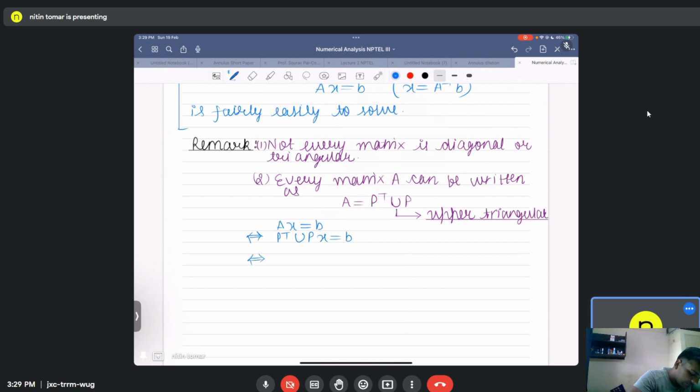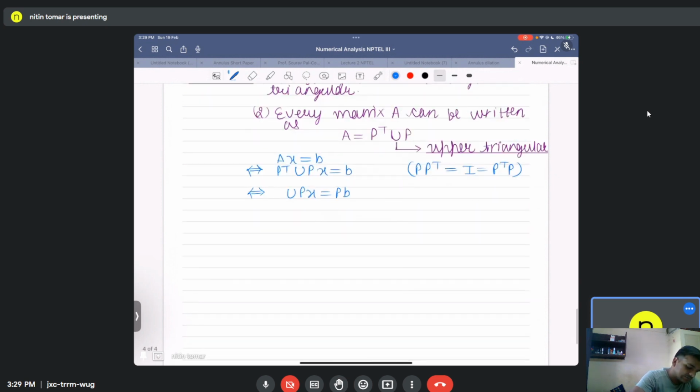Now, see, where P is such that P transpose P is identity. Now, UPx will be Pb, correct? So now this is some system, x tilde is b tilde.